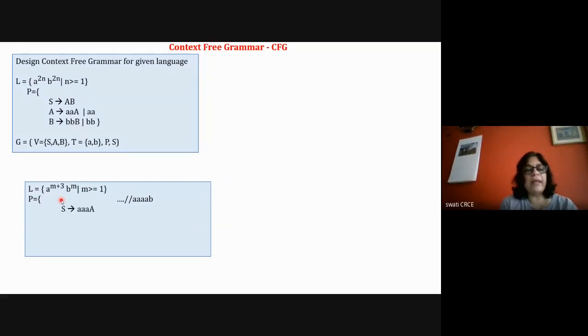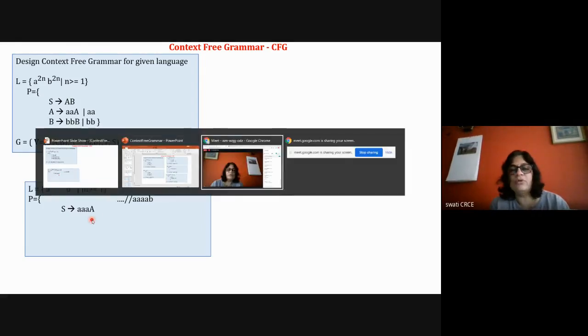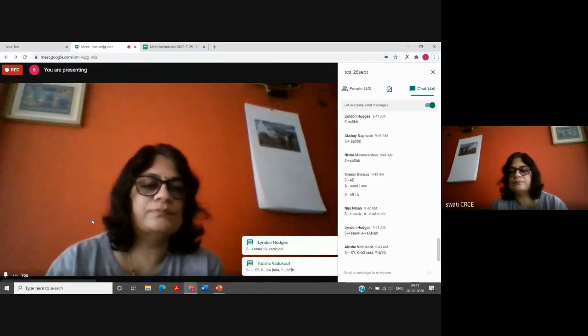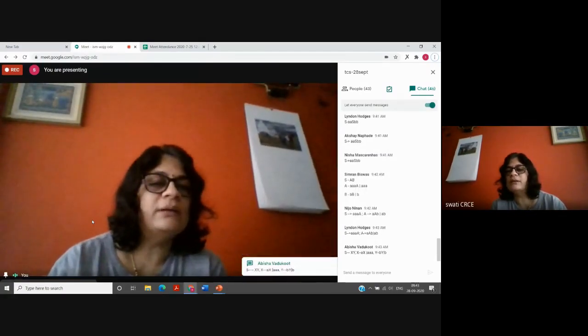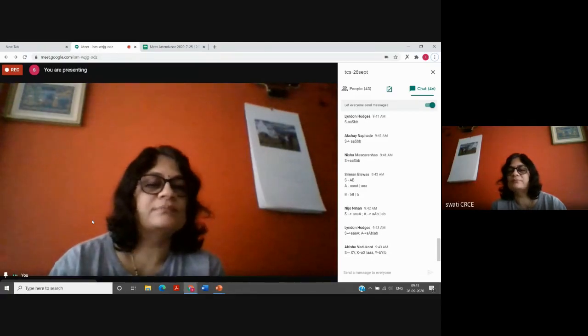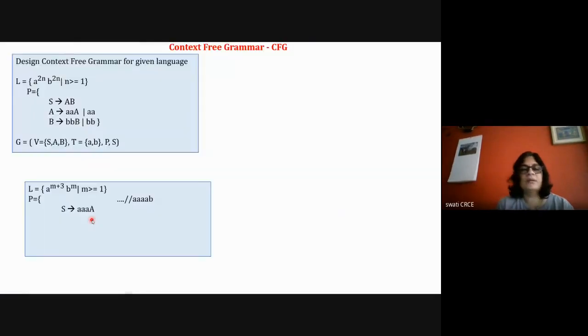So your S will be equal to triple A, capital A. Okay, let me see what you have solved. Correct. Nisho has done correctly. Simran, you are having a problem. See this answer, triple A, capital A, and then capital A is equal to A raised to M, B raised to M. So capital A will be A, capital A, B, and then A, B. Okay, and then write down the final answer.